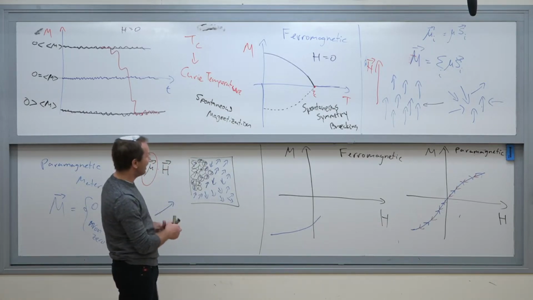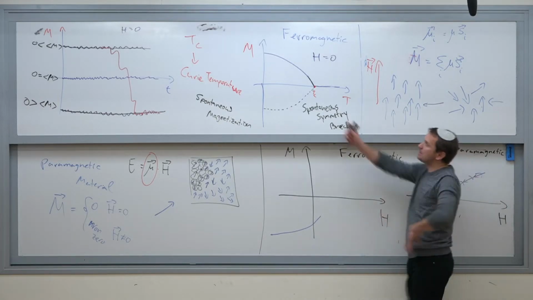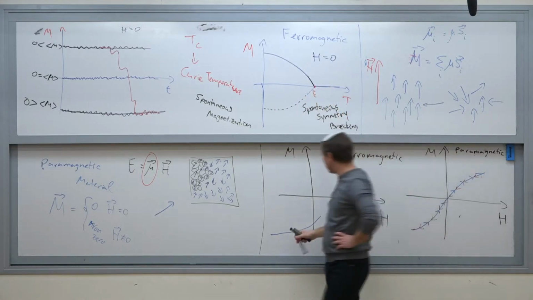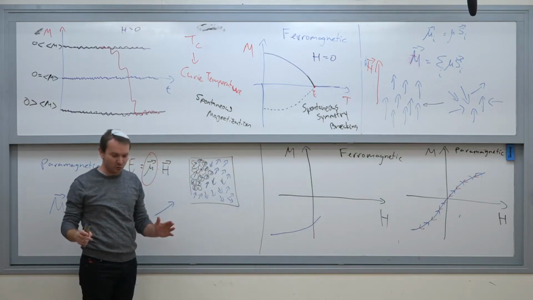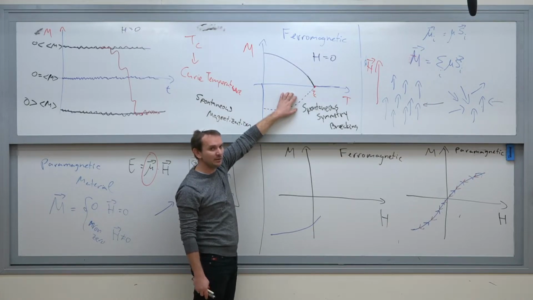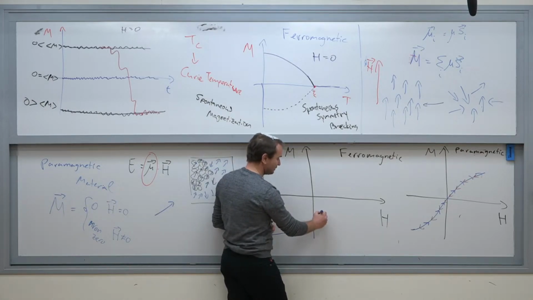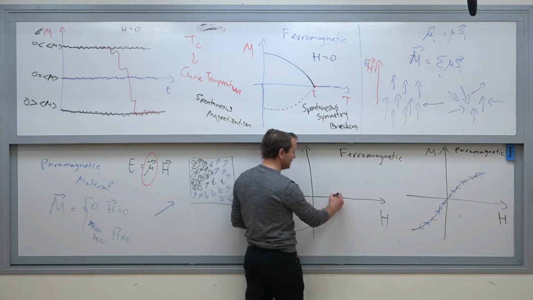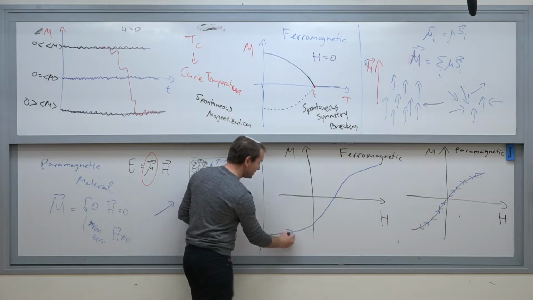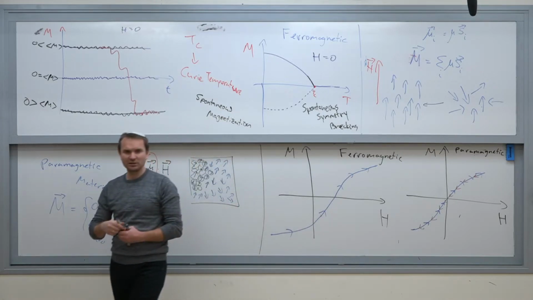Because I know that even when h is 0, I'm in a ferromagnetic phase, I will have some spontaneous magnetization. Why is it negative? Because I started from a situation where everything was negative, so the system will prefer the solution of a negative magnetization. I will increase my external field more and more. Eventually the magnetization will climb up and separate somehow. So this is going in the direction of increasing the external magnetic field.